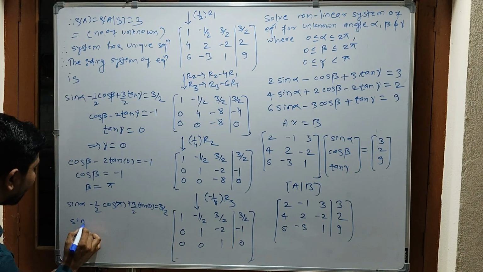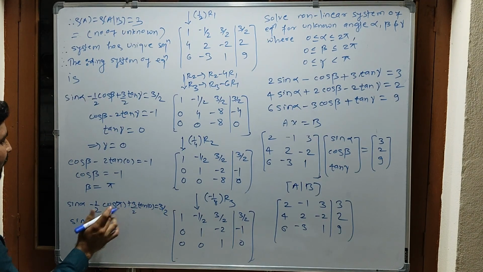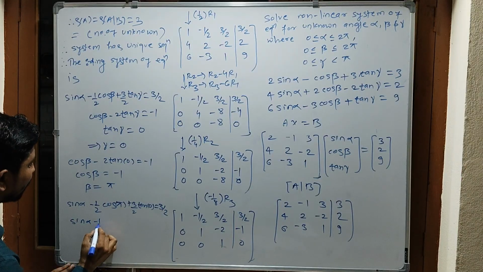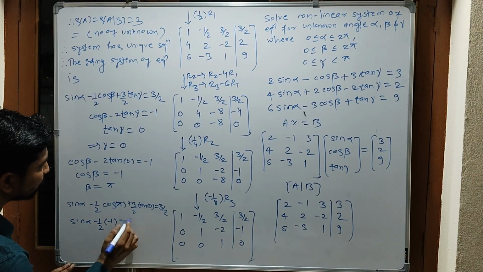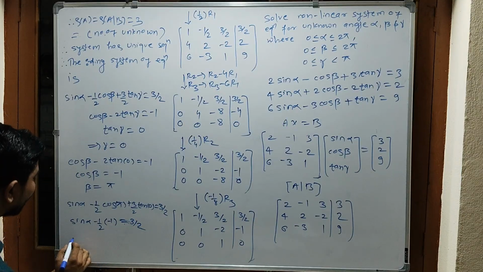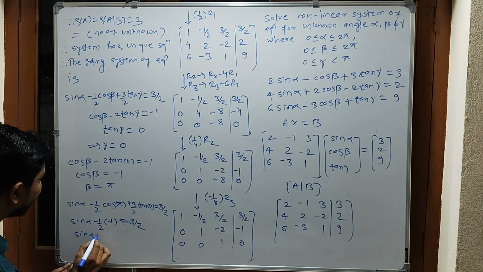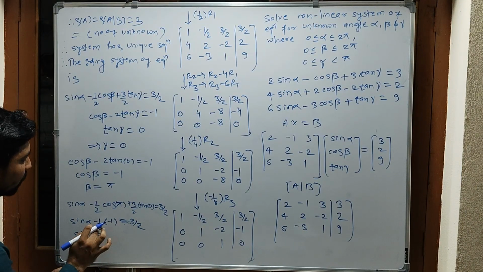Therefore sin alpha, minus 1 by 2 times this which is minus 1, plus 3 by 2 times this which is 0, is simply 3 by 2. So sin alpha equals 3 by 2 minus 1 by 2, since minus times minus becomes plus 1 by 2.